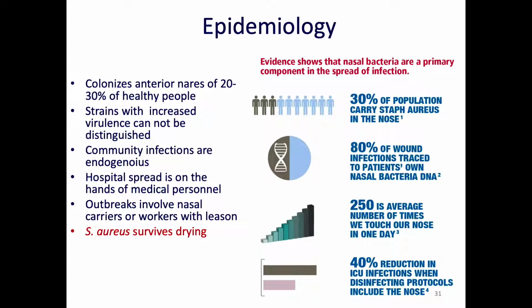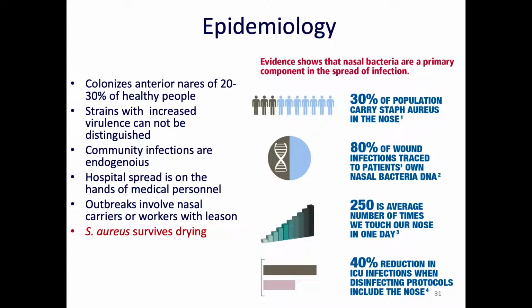Strains with increased virulence cannot be distinguished, so community infections are usually endogenous, because somebody within this community was a carrier, and hospital spread is on the hands of the medical personnel, so it is necessary to wash hands as often as possible.